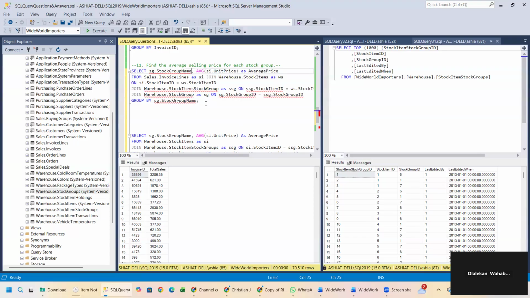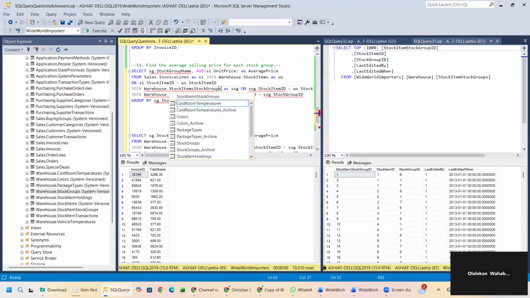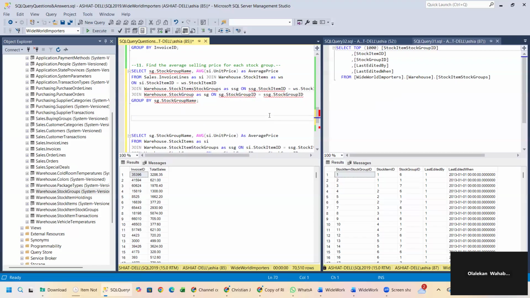Did I write it very well? Stock group name. I think there's a mistake somewhere. Stock item, there's not... the stock item stock groups. There is an S omitted: warehouse.stock item stock groups. There should be an S there. Okay.